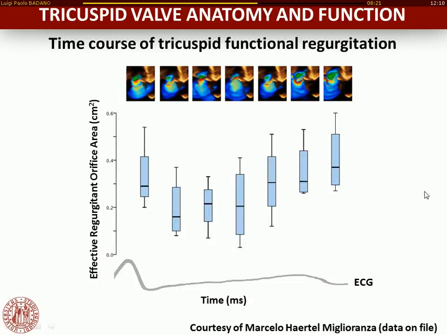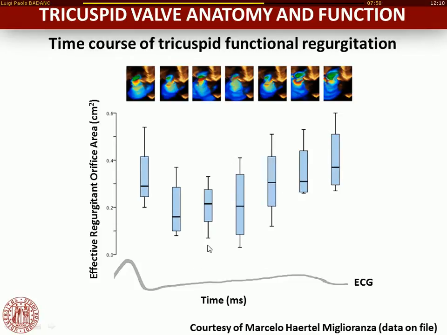And we did it, and Dr. Miglioranza did it in my institution, and he was able to show that like the mitral regurgitant orifice, also the tricuspid functional regurgitation is highly dynamic, having the highest regurgitant orifice area at the beginning of systole, then it decreases to get again higher to the end of systole.